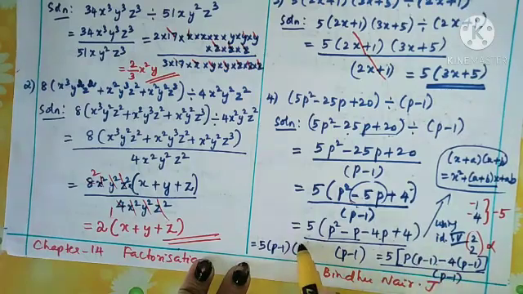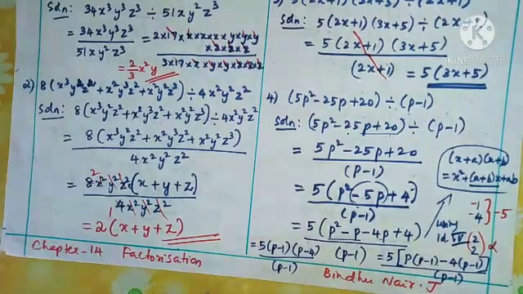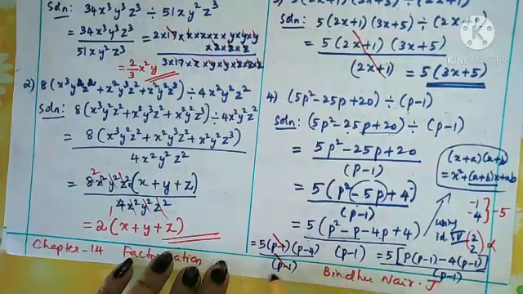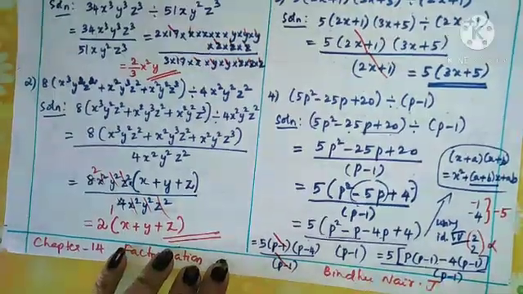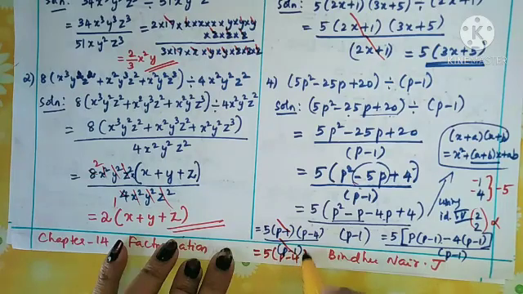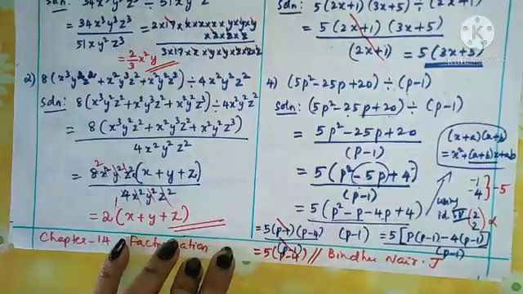So put in another bracket p minus 4, by p minus 1 in the denominator. Now you see p minus 1 and p minus 1 will cancel. So what is the balance? That is equal to 5 into p minus 4. That is the answer. Okay.